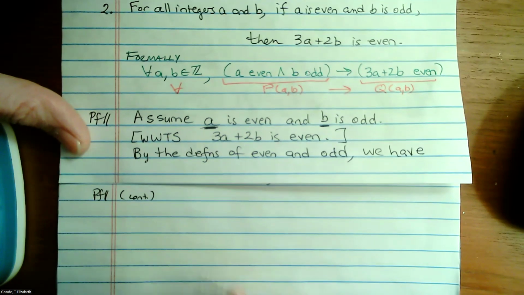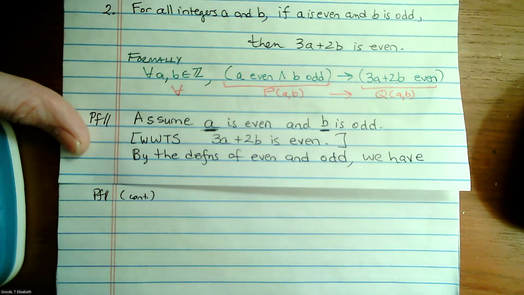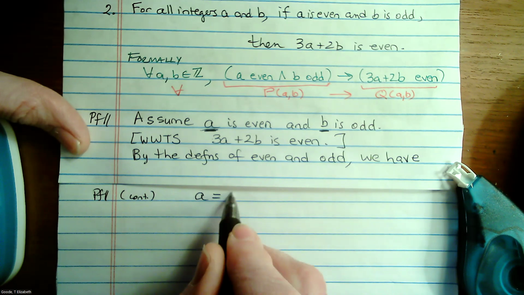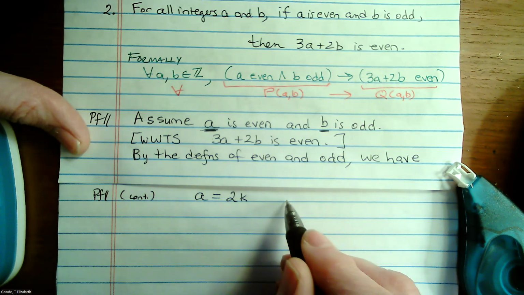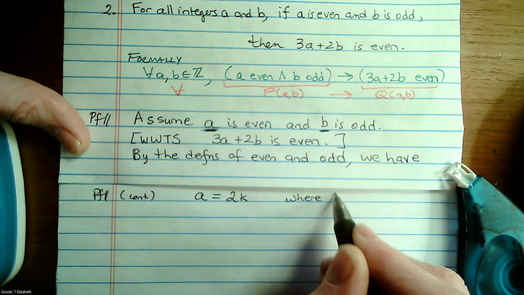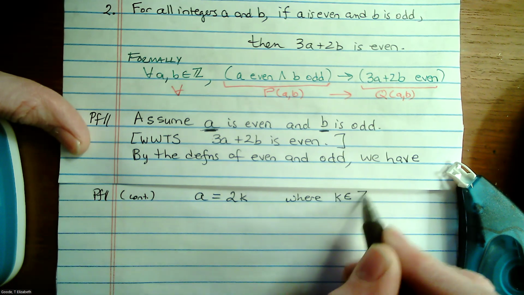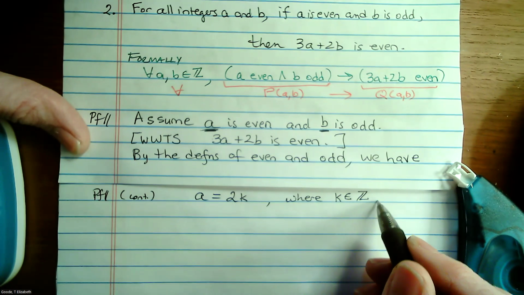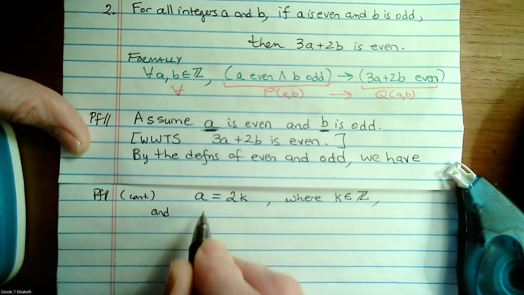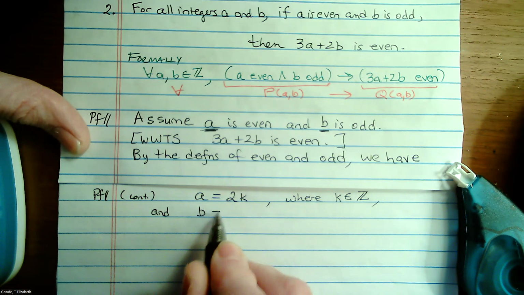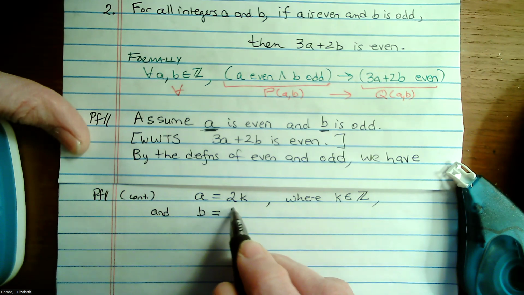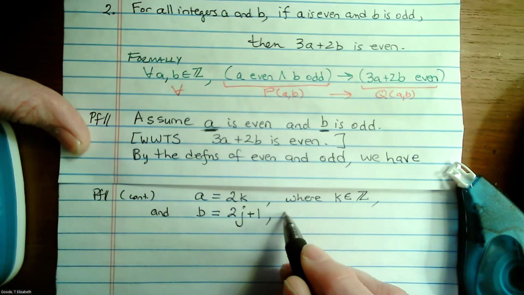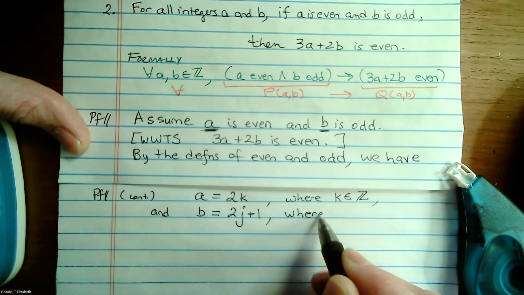We have an integer a equals 2k, where k is in the set of integers. Good. K isn't great. K is in Z. And we have the integer b equals 2j plus 1, where j is in the set of integers.